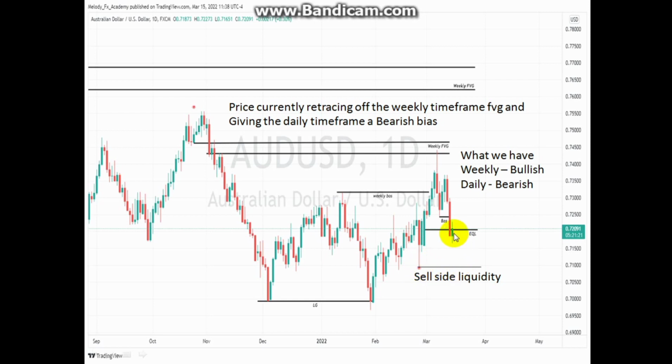Okay, and price, as we have learned earlier, is attracted to one of two things: imbalance or stops. In this case, we don't have any imbalance here, but we have stops as sell side liquidity. We have sell stops resting below this old swing low. So this might be what is attracting price, the daily bias, to be bearish.